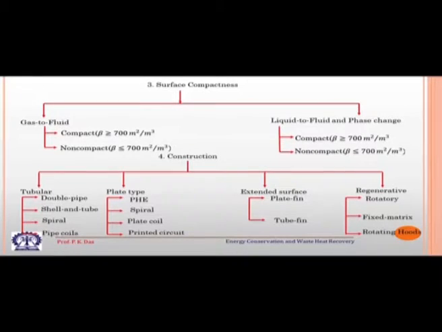This is very important because in waste heat recovery we want to recover thermal energy, and in many cases the delta T, the temperature difference, which is the driving force for heat transfer, is low in waste heat applications, and we need a compact heat exchanger. Only in that case, within a given volume, will we be able to extract a good amount of thermal energy.